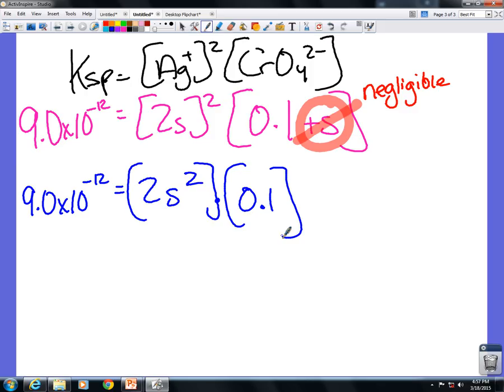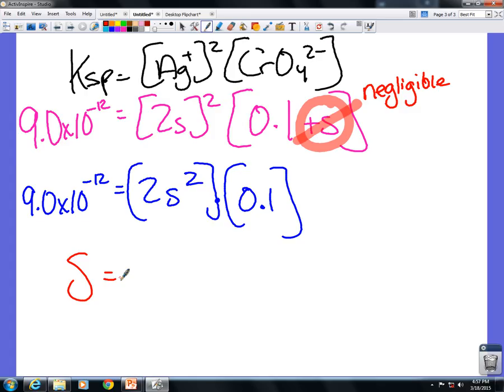I would divide by 0.1, then divide by 2, and then take the square root. I would do it in steps just like that, just to reassure that everything's good. Does that make sense? And that's going to give me S.